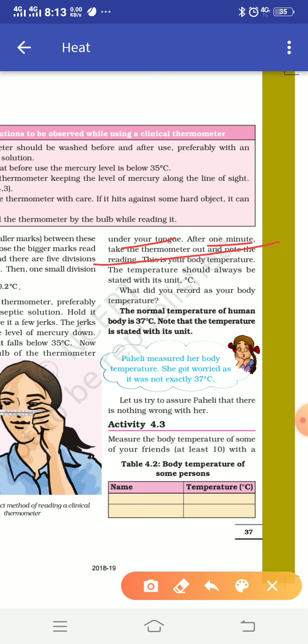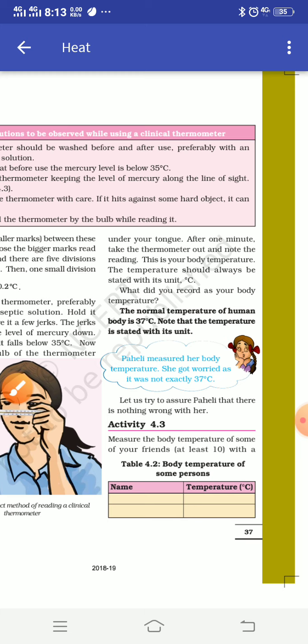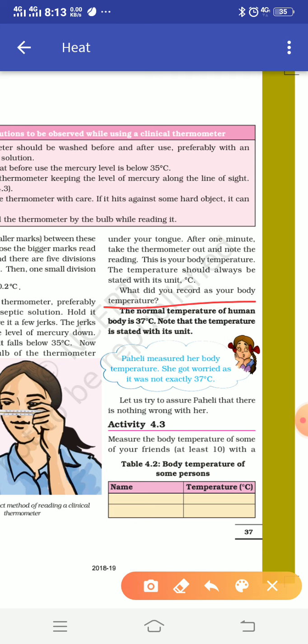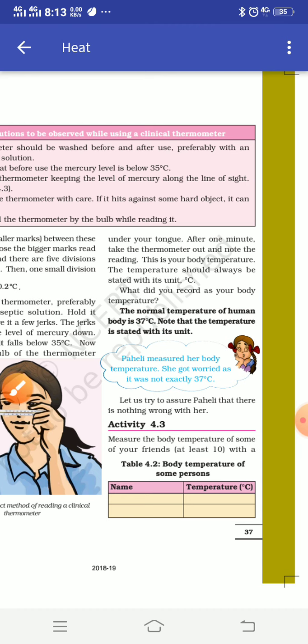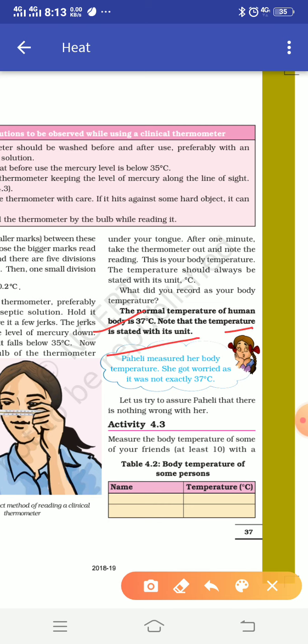You might have observed this when you went to the doctor, who asked you to put the thermometer below your tongue. The normal temperature of the human body is 37 degrees, which is very important. In degrees Celsius, it is 37 degrees Celsius.